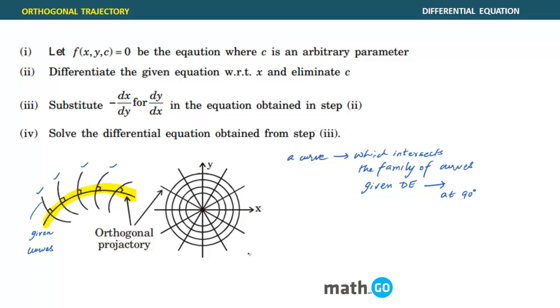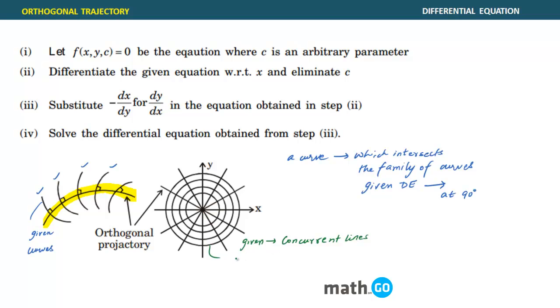here in this particular example, the given family is concurrent lines. So consider all the circles which are concentric with their point of concurrency. Circles which are drawn with different radii, but their center is the point of concurrency.